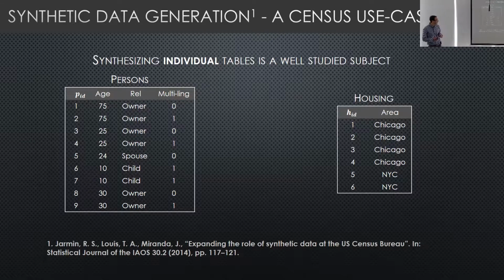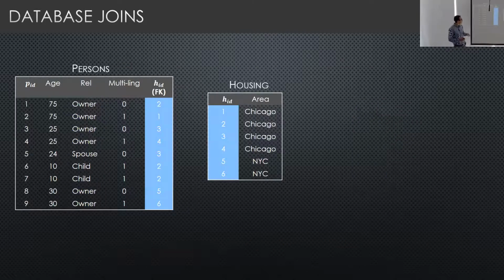But now let's imagine that this HID column that we have in the housing table also exists in the persons table. If that were the case, this column would have been called the foreign key. And we could do two things. We could tell for each person the household that they're in, and we could perform the very common operation in databases called joins.